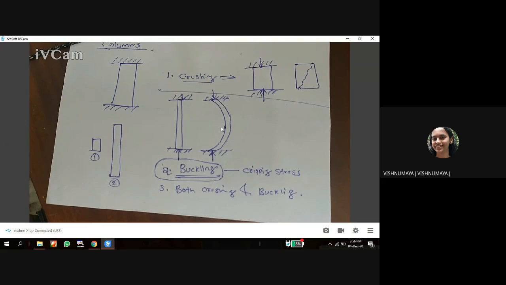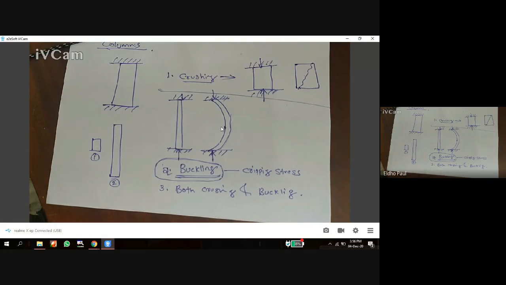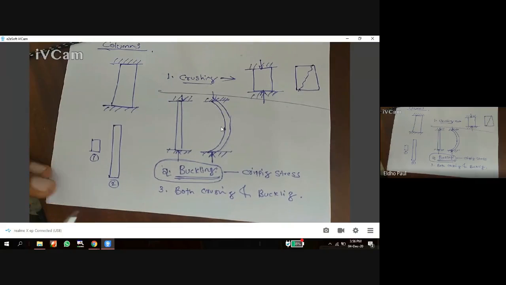Column 2, the longer column. The longer column fails due to buckling because it has enough length, so the tendency for buckling is higher for a longer column. And what about crushing failure? Crushing failure is for a shorter column.